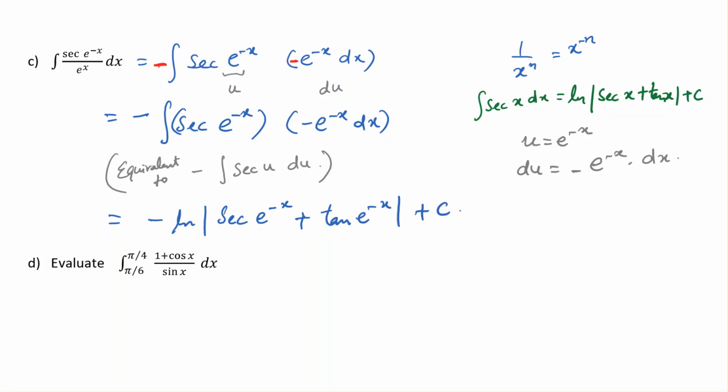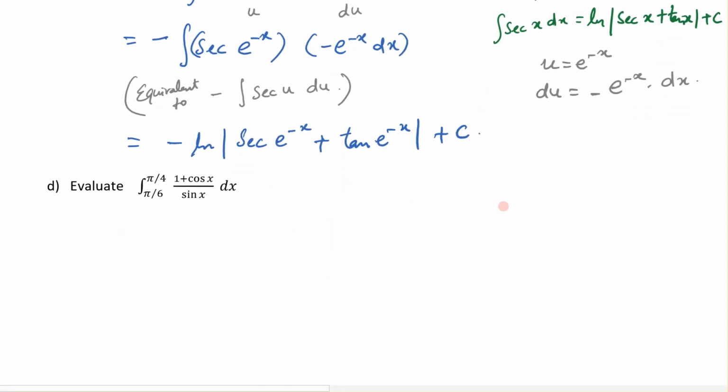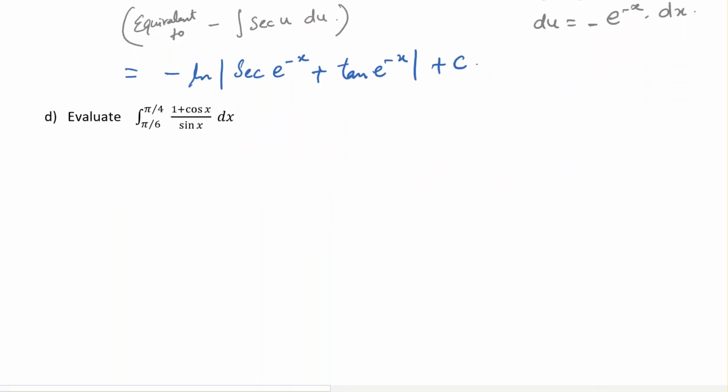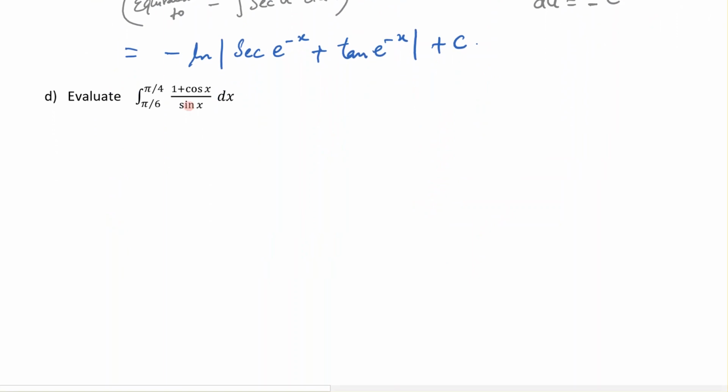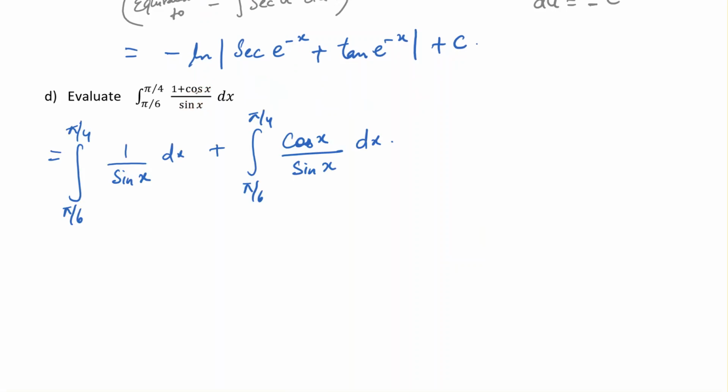So in the next one, we have a definite integral and we need to evaluate the value of this integral. So we start this problem by writing this as two fractions. After splitting this function, we notice that 1 over sine x is cosecant x and cosine over sine is cotangent x.